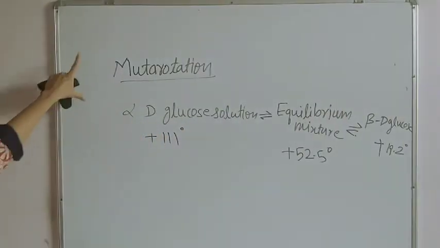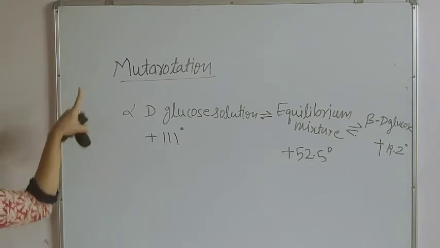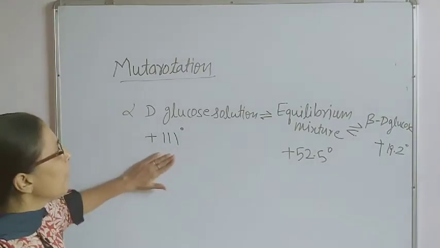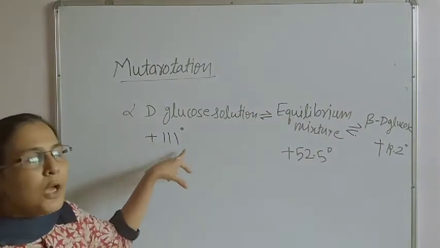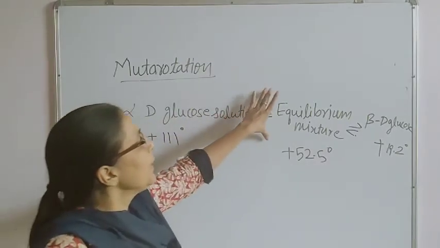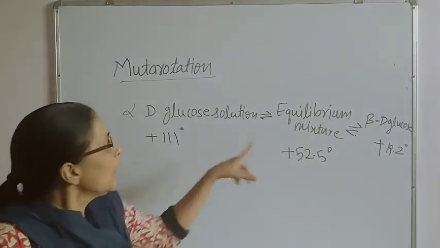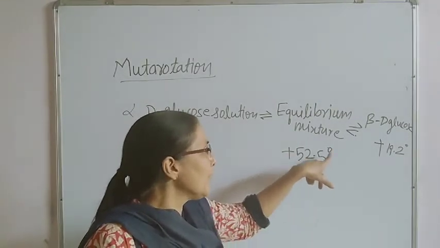So I am explaining the mutarotation. If you keep an alpha D glucose solution for a long time period, in the beginning the specific rotation is 111 degree. After a long time period, there will be a change in the specific rotation, measured by polarimeter, and that is 52.5 degrees.